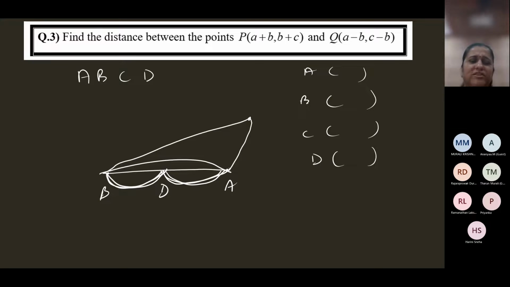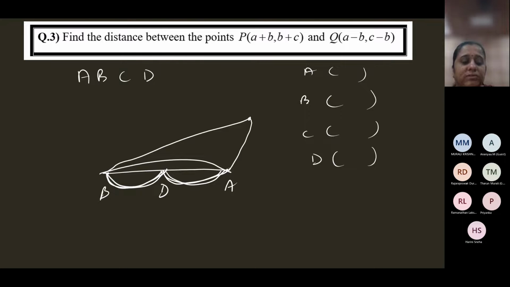When you plot these points on a graph, you can easily make out whether a quadrilateral is formed or not. But ours is an algebraic way of finding. You have to work not by plotting, but algebraically, and then comment whether a quadrilateral is formed or not.